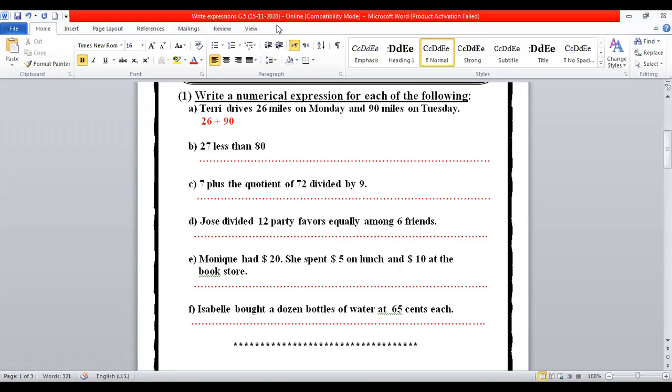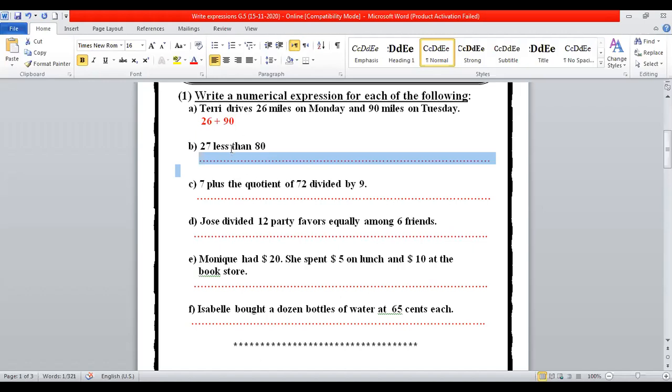Okay. Yes? I don't understand. Okay, here, we write only the expression. We write the mathematical sentence. We use the numbers and the operation sign.